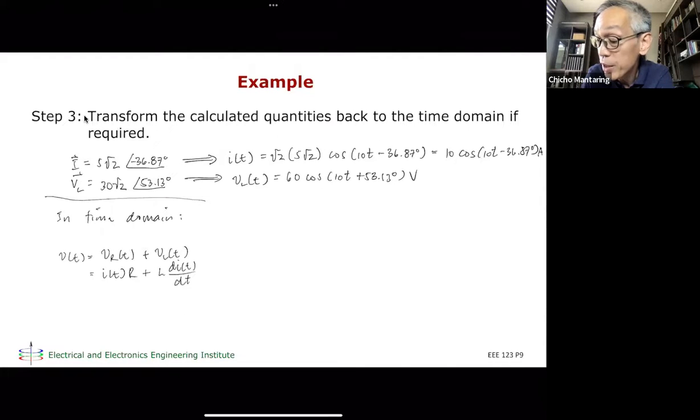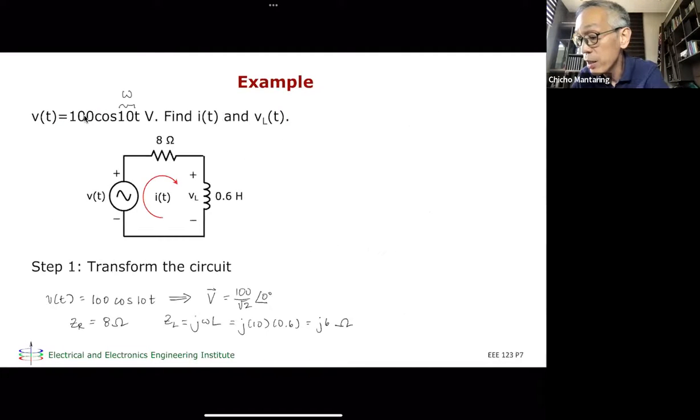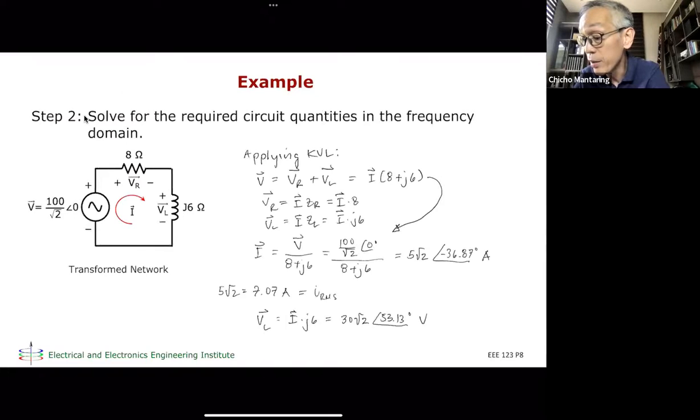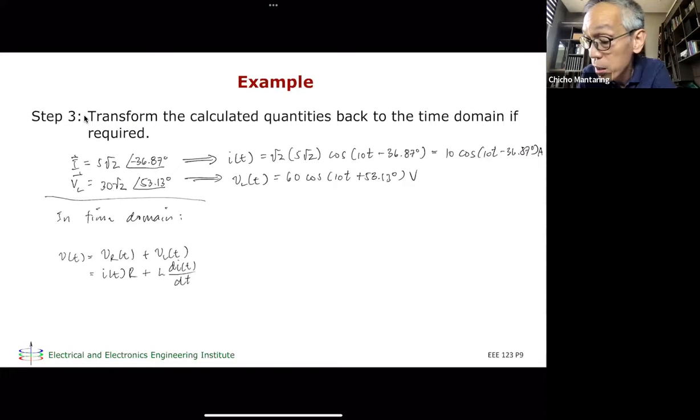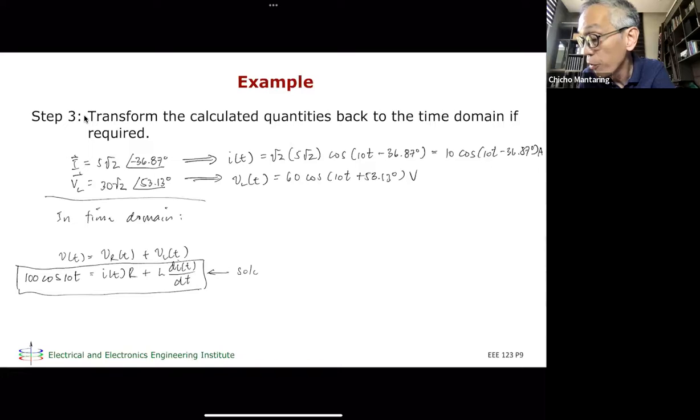So this is going to be my expression which I have to solve. This is 100 cosine 10t. So based on this, you have to solve for i in the time domain.